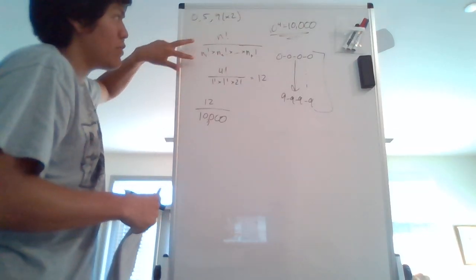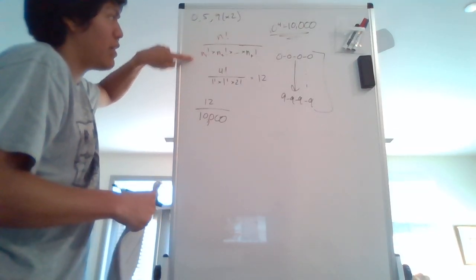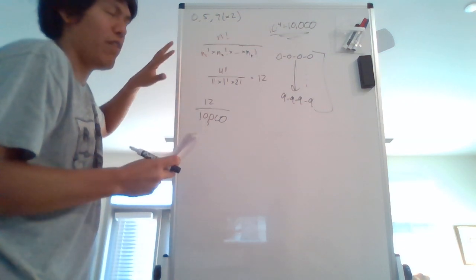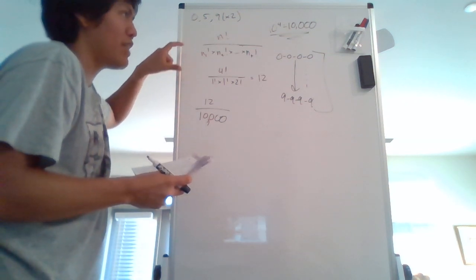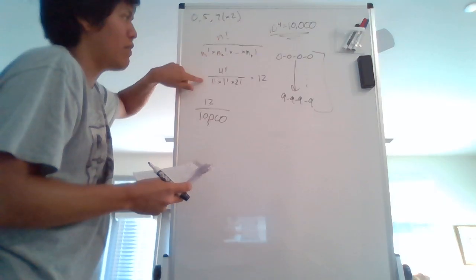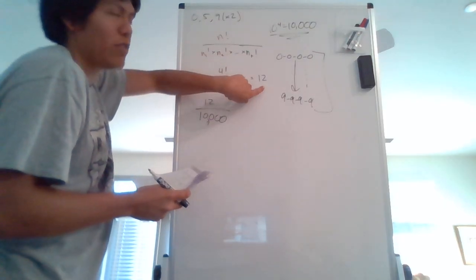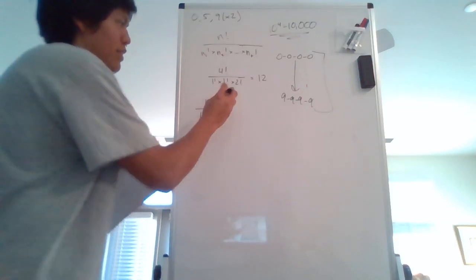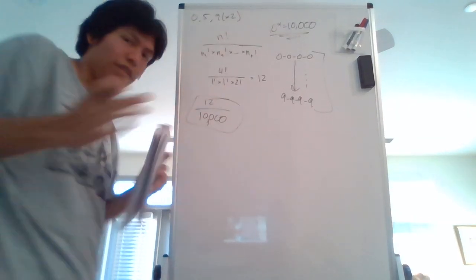I found that using the types formula, which we found out to be 12. So it's 12 over 10,000. That's the answer. Okay, sorry, I got ahead of myself.